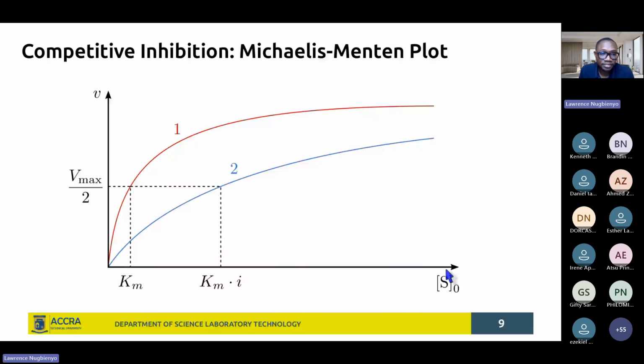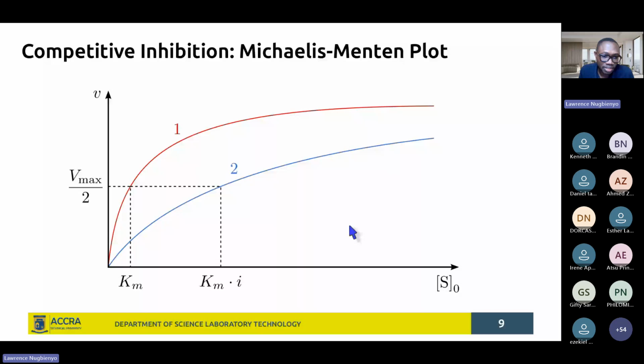The red curve represents an uninhibited reaction. And the blue curve represents an inhibited reaction, a competitively inhibited reaction.